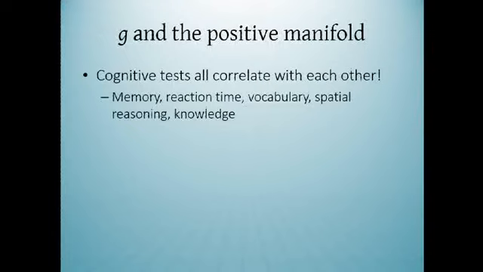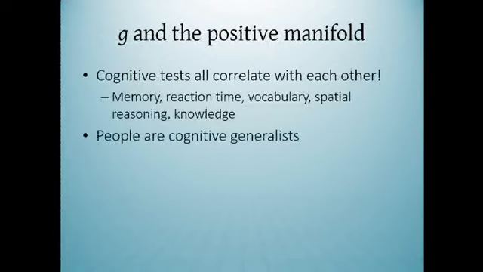And so you can see that memory would correlate with reaction time would correlate with, say, knowledge would correlate with vocabulary. Now you can take all these correlations and put them together kind of like a mosaic, or like a mat or something, and you can call that a manifold, where it's not just one thing correlated with another thing, but all these things correlated with each other. So there is this positive manifold that underlies intelligence, class.